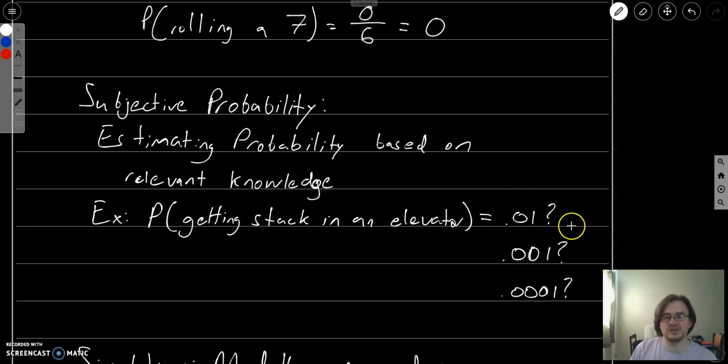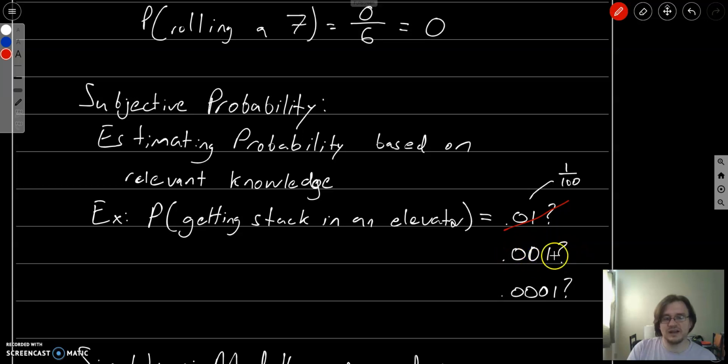What number could we associate to "doesn't happen very often"? If we think about 0.01 as a probability, as a fraction, this is 1 out of 100. So 1 out of every 100 times do we get stuck in an elevator? Probably not. So I would think that this is maybe too big of a probability.